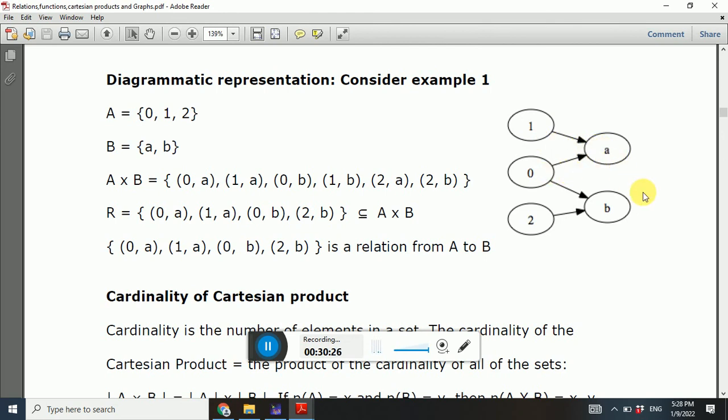Okay, so we use arrows to map elements from each of the sets to the other. Yeah, so let me first pause this video here. I don't want to make a very long one. Okay, so in the next video I'll start from the diagrammatic representation.